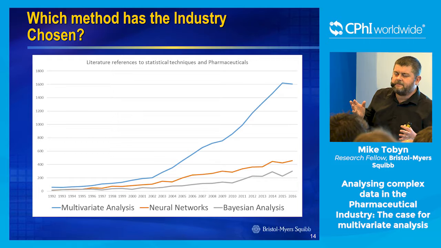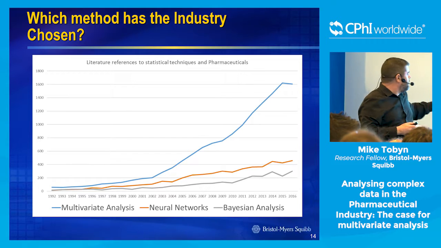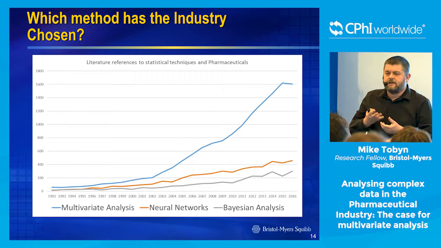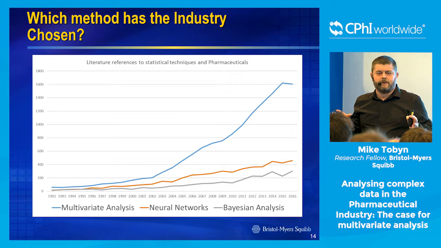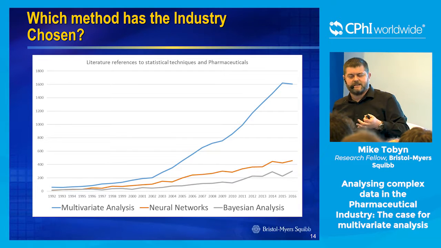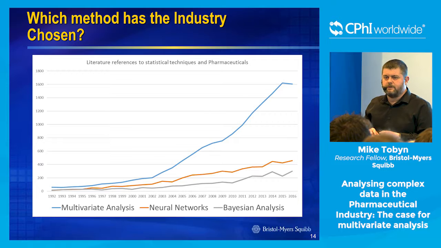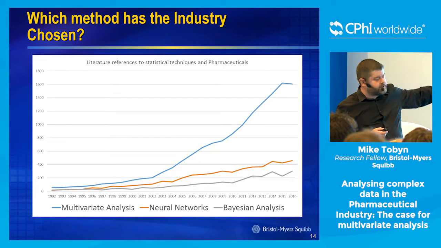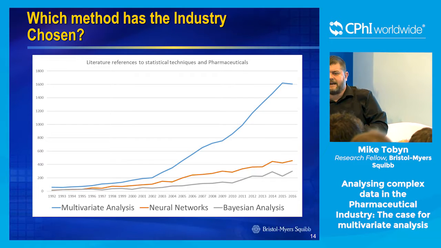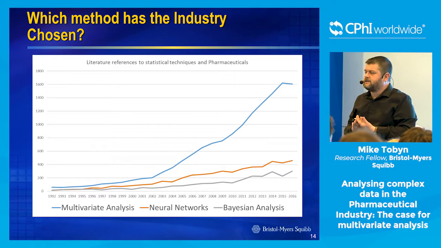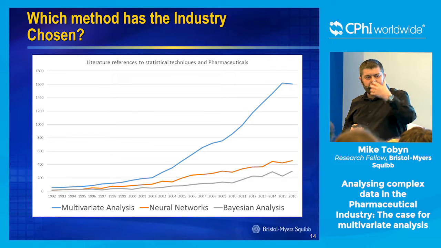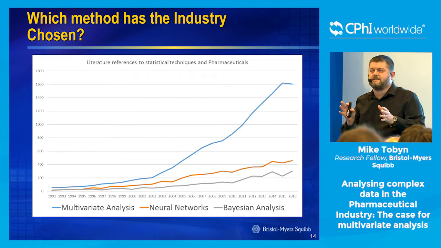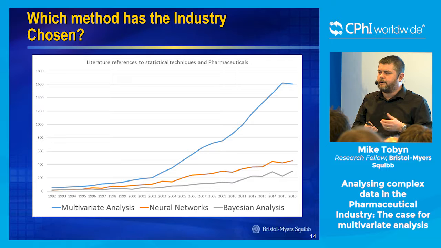This was a slide I made a couple of years ago. There are lots of techniques which could conceivably meet all of those parameters of being reproducible. I'd certainly speak to the people at this expo that do Bayesian analysis and neural networks, and sometimes they will be the correct techniques for that purpose.